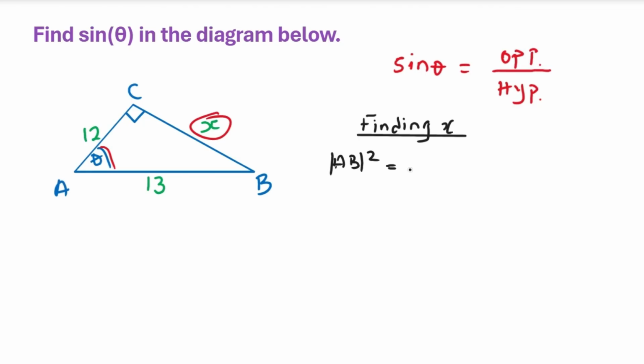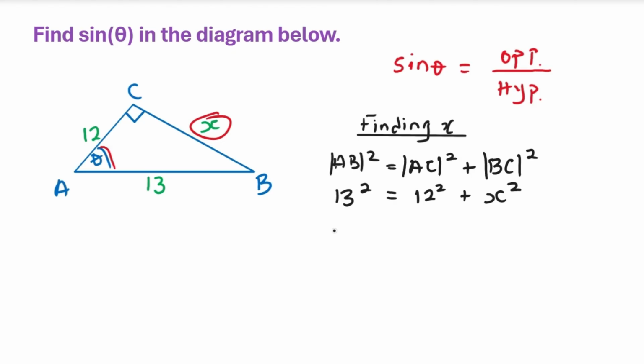So we have AC squared plus BC squared. So AB, that is 13, so it's going to be 13 squared, equal to AC, that is 12, so we have 12 squared, plus BC, that is X. That is what we are looking for.